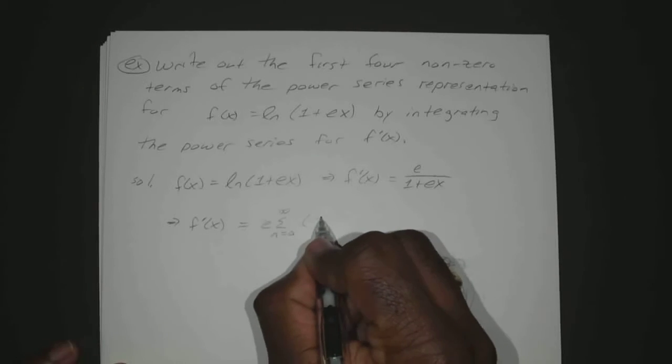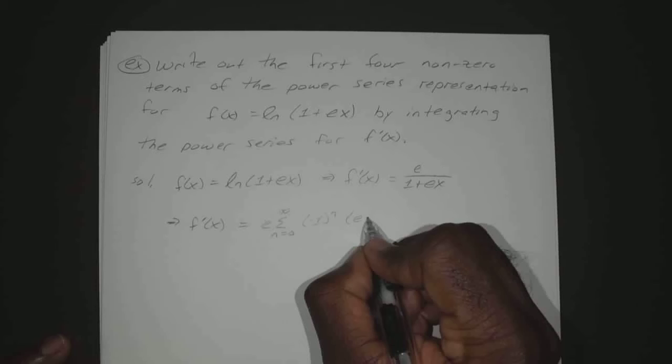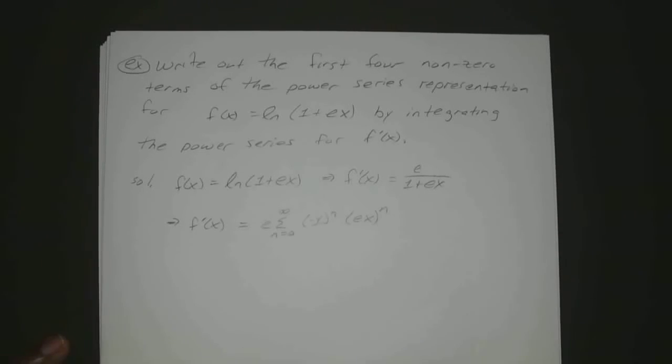Okay, so that's going to be -1 to the n times e times x to the nth power. So if we remember when we had our natural log of x, when we found the derivative of that, it canceled out the n. So we're right back here.